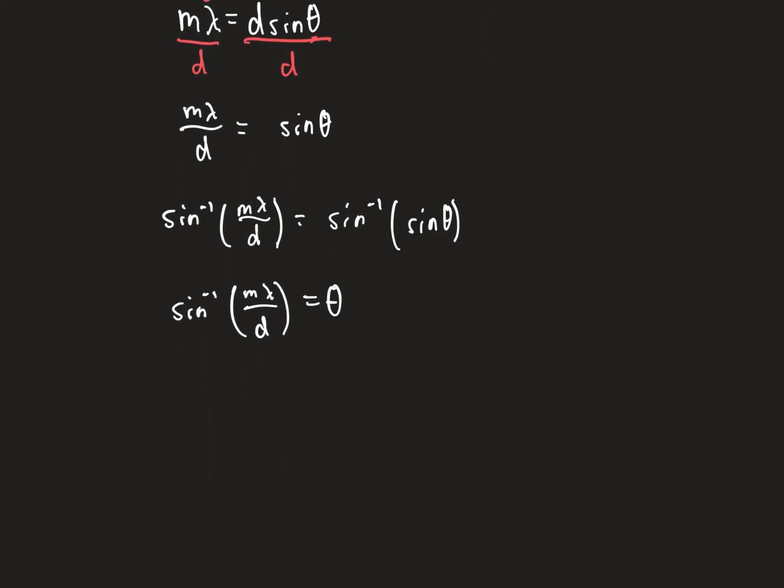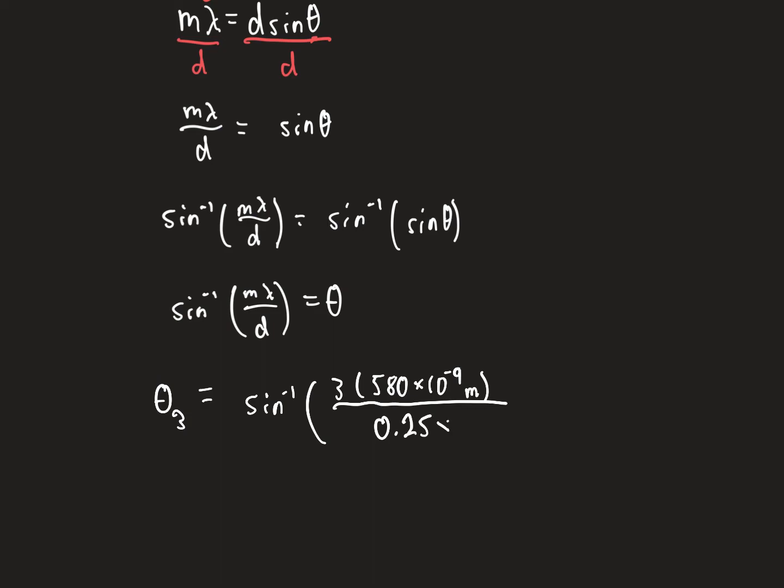So now I can very quickly solve this. Theta sub 3 is the inverse sine of m, which is 3, times lambda. What's the wavelength of light that I'm using in this one? Yellow, which is 580 times 10 to the negative 9 meters. I divide that by the slit separation, which they told us in the problem was 0.25 millimeters, so 0.25 times 10 to the minus 3 meters.